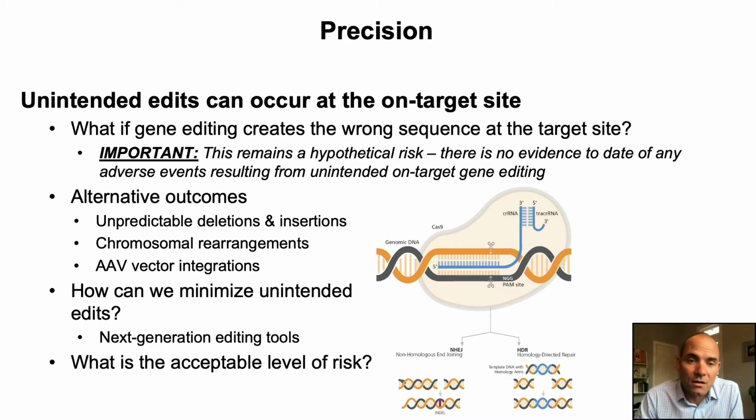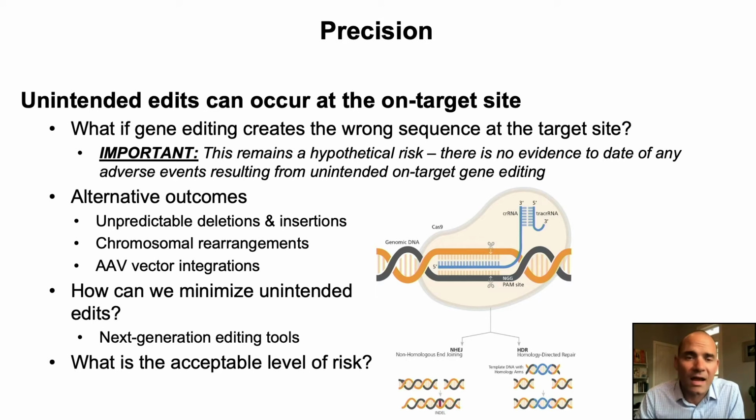You might imagine that in this disease, the inherited mutation is a broken dystrophin gene, and changing a broken dystrophin gene to another variety of a broken dystrophin gene may not actually have any type of adverse effect. But it's something that I think we want to be able to understand, predict, and ultimately be able to control.